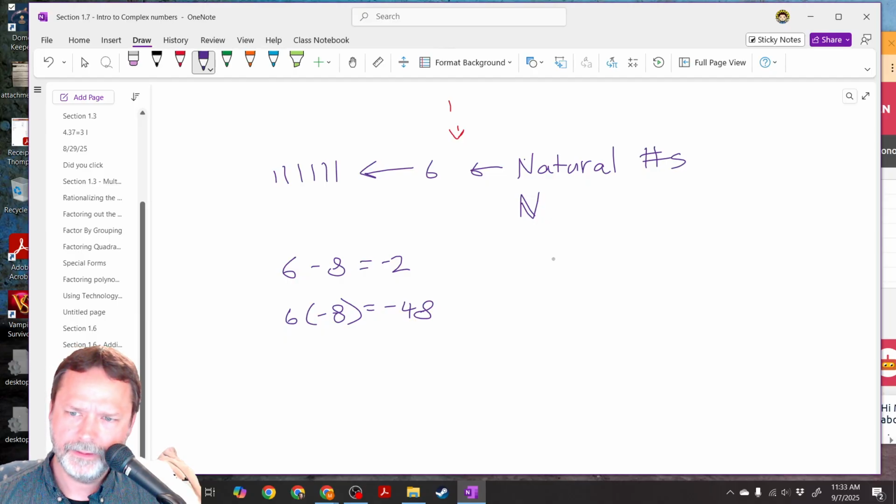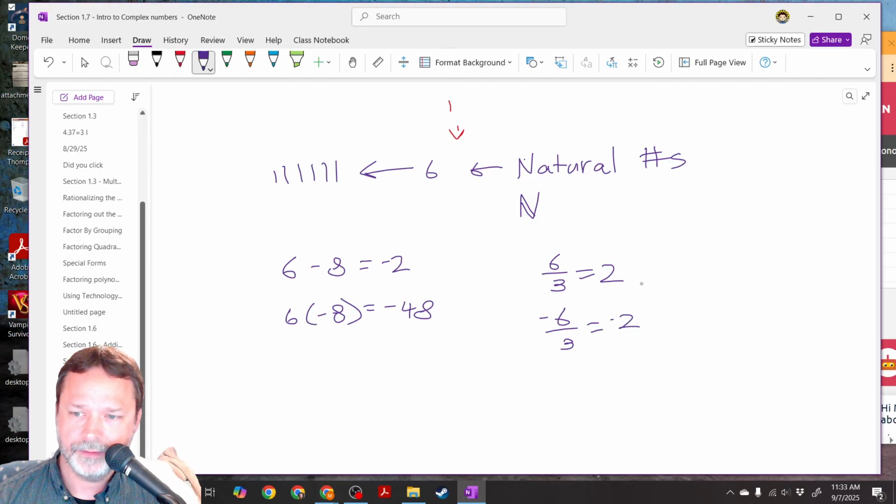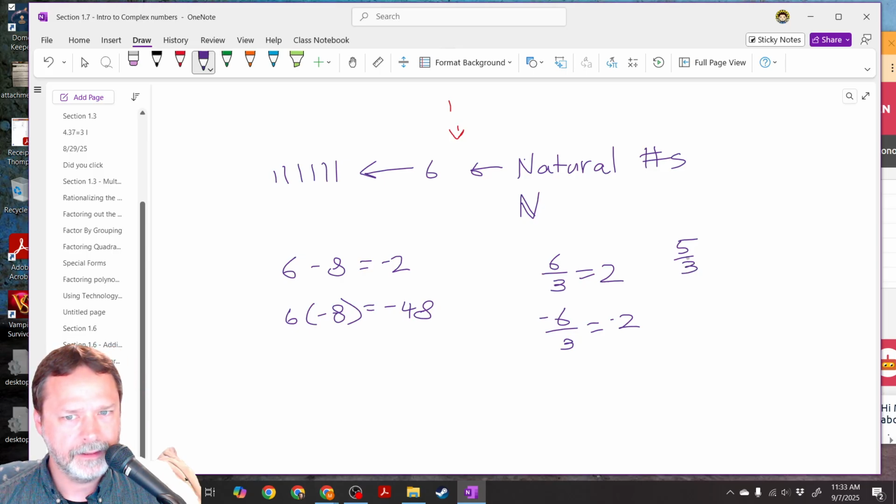We can do 6 divided by 3. That's 2. So that's still a natural number, an integer with the negatives. We could go negative 6 divided by 3. That's negative 2. But what about 5 divided by 3? Ooh, that we can't write as an integer or a whole number.